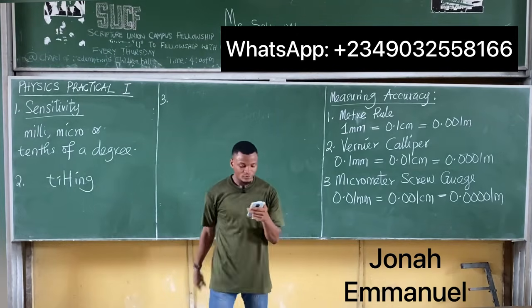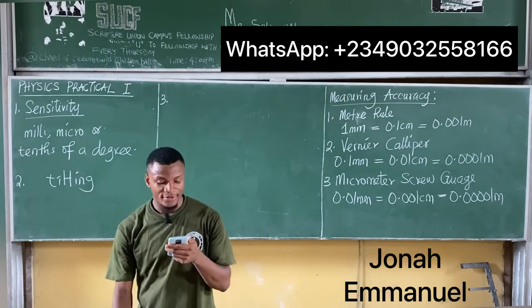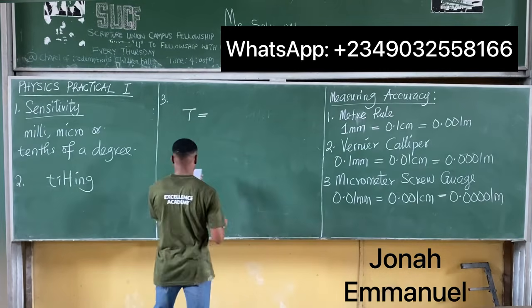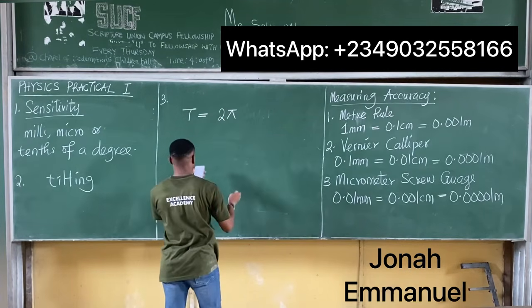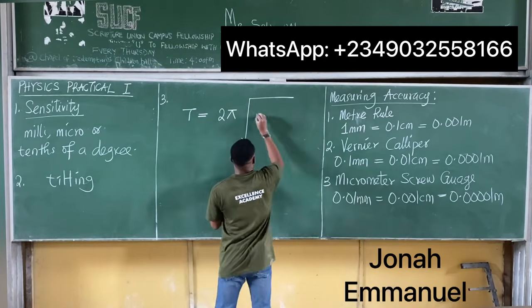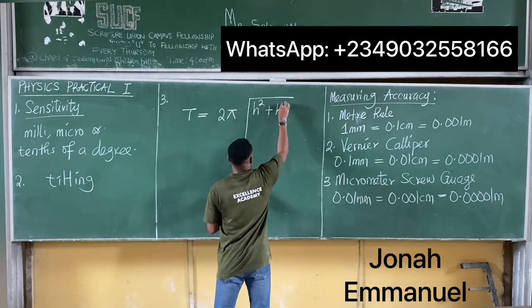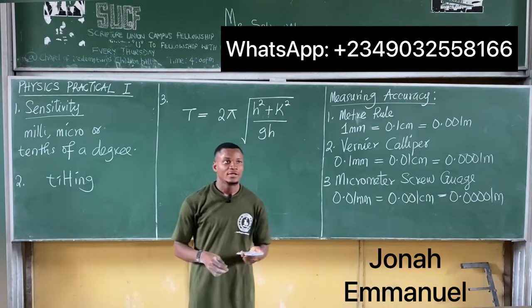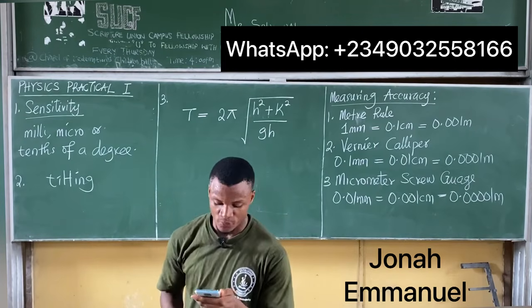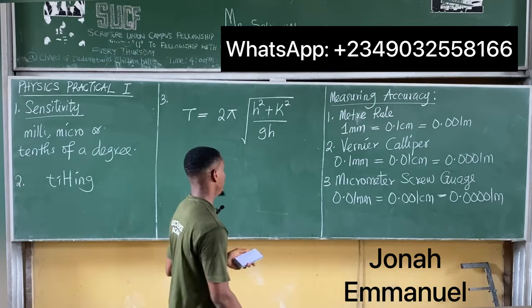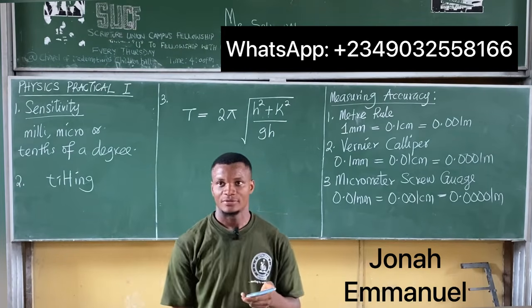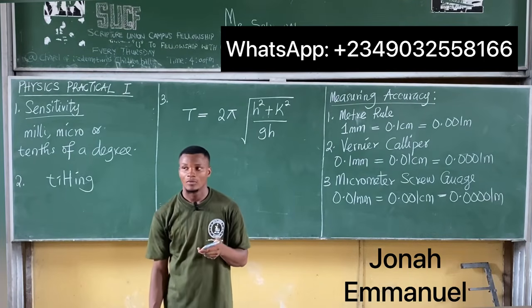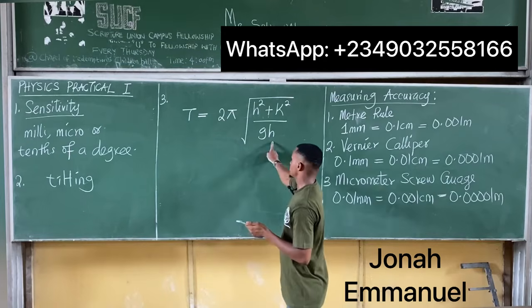Finding number three, please. From the equation of a simple harmonic motion, T is equal to 2 pi root of (h squared plus k squared) all over gh.